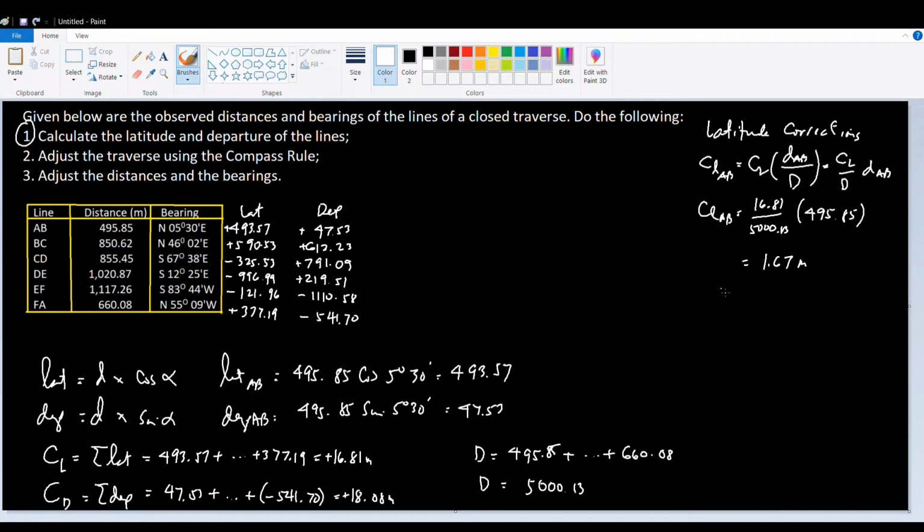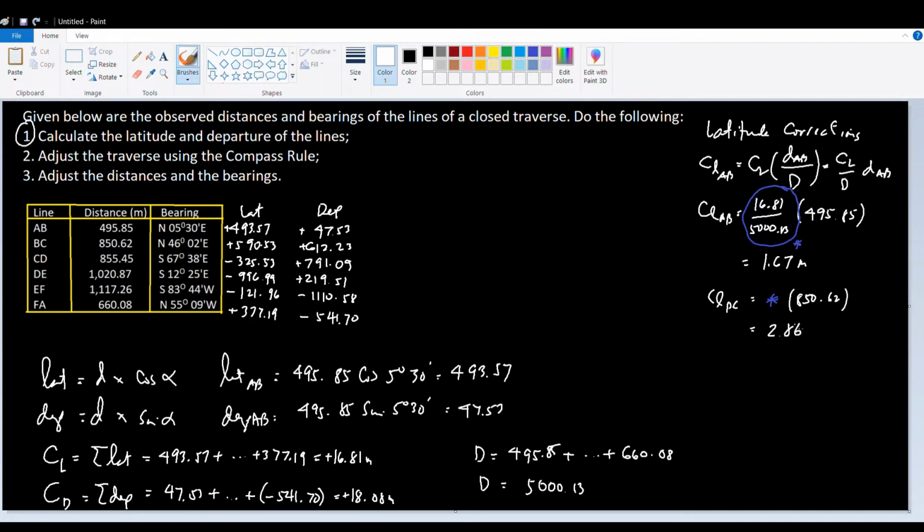Okay, so for the next line, CL of BC, we'll be using the same factor. So let us call that asterisk. So it's just asterisk times the distance of BC, which is equal to 850.62, and that must equal 2.86.